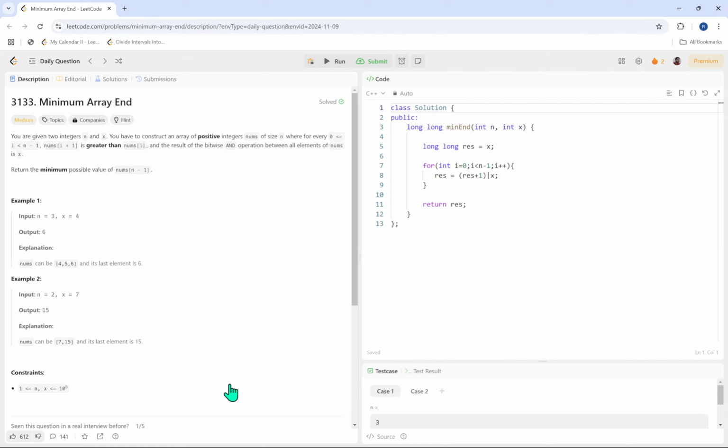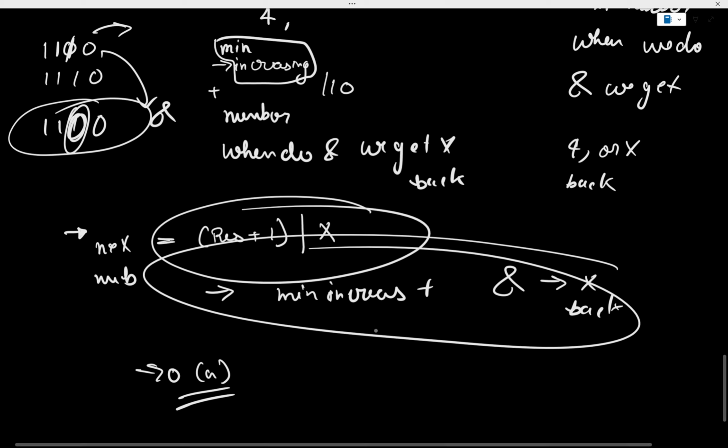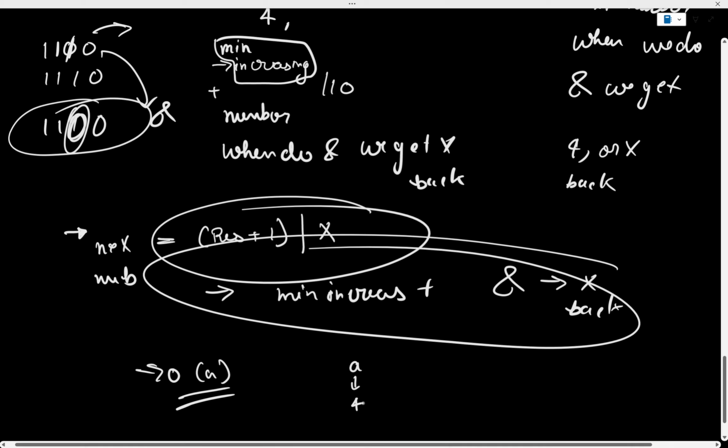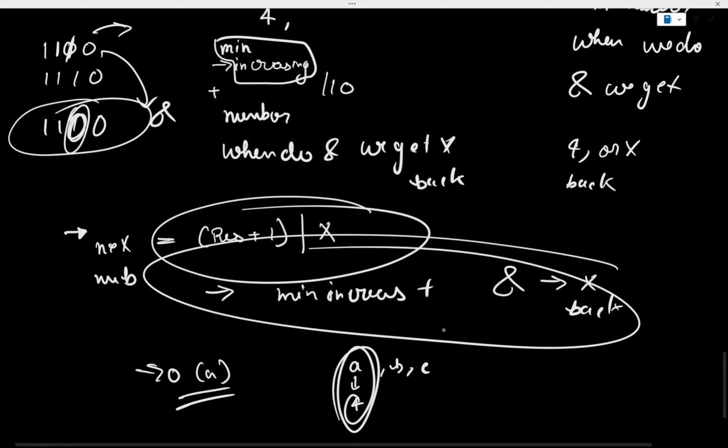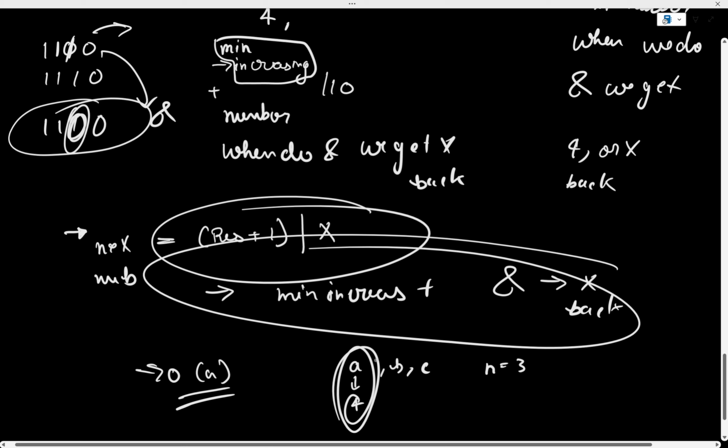And let me show you the code for why it's O of n. Here we are returning long, so I made a long, and we just set the result's first element. Basically we just set up a as 4 over here. Now we are looping, and we did n minus 1 because it's basic: if n is 3 and we already set 1, then n is 2.